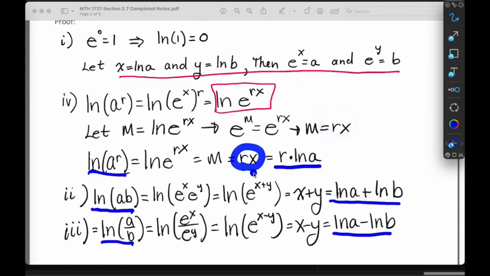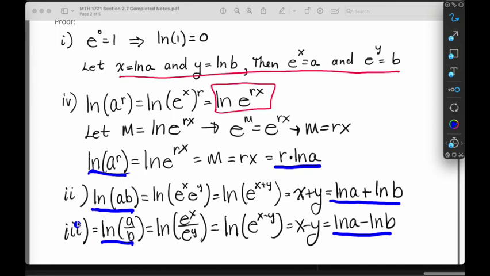So that's here. And what's x? X we said up here was the natural log of a. So I now have that r times the natural log of a is equivalent to the natural log of a to the r, which tells me if I have an exponent here, I can bring it down in front.